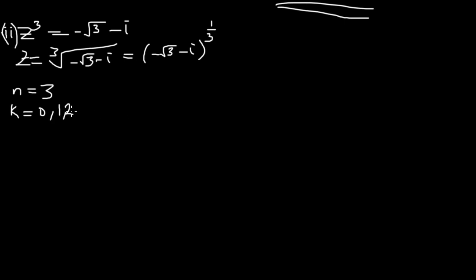Then from there we find the magnitude. So the value of r is going to be the square root of negative root 3 squared, plus negative 1 squared.